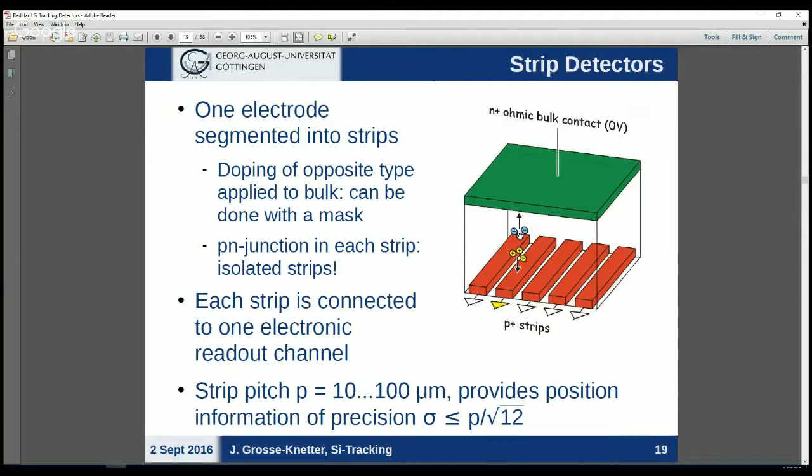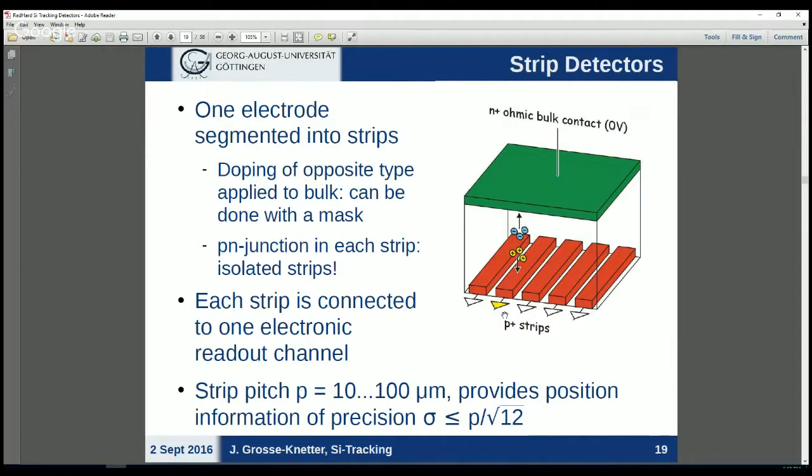So now, next step is, of course, to connect each of the strips to a separate readout electronics device. And you can read out channel by channel, and the channel that fires, so in that picture, the one with the yellow triangle, the yellow amplifier that would see, for example, the holes, would tell you there was a signal, and if you made the pitch, so the distance between the strips, fine enough, you get a decent position resolution.